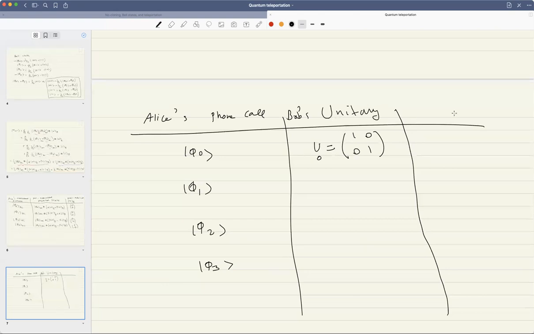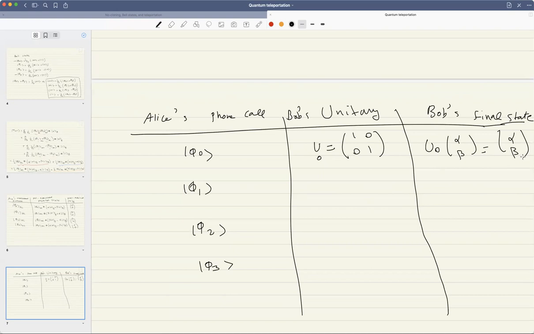So he applies this unitary operator and then the final state, well, not Bob's state, but the state of the qubit B that Bob has access to, is going to be U naught times alpha beta. That's just the identity. So alpha beta. Essentially do nothing. Applying the identity is like do nothing.